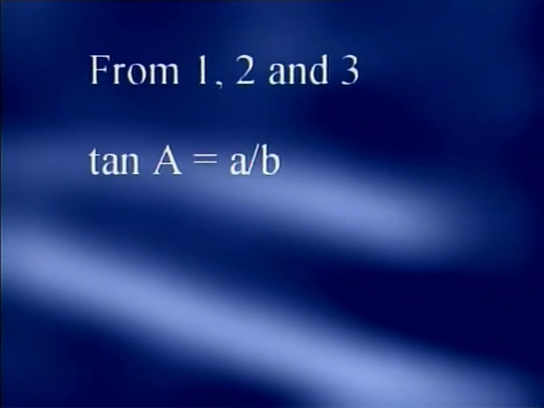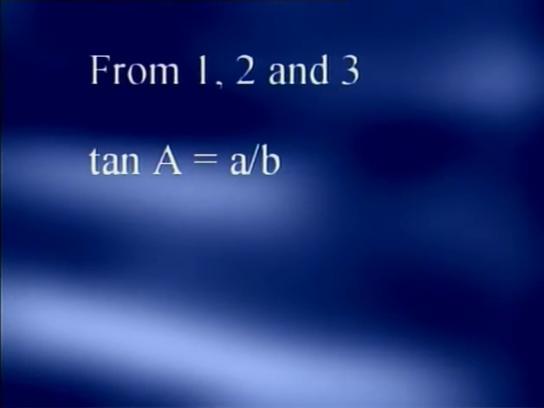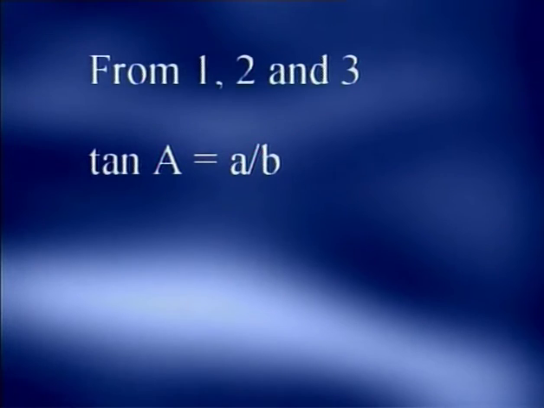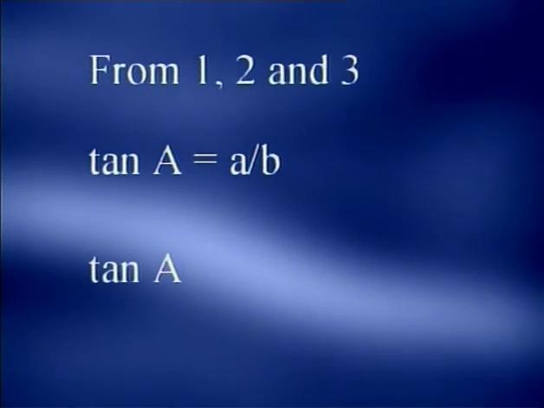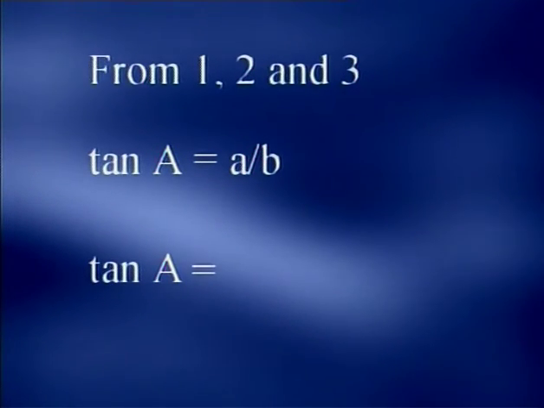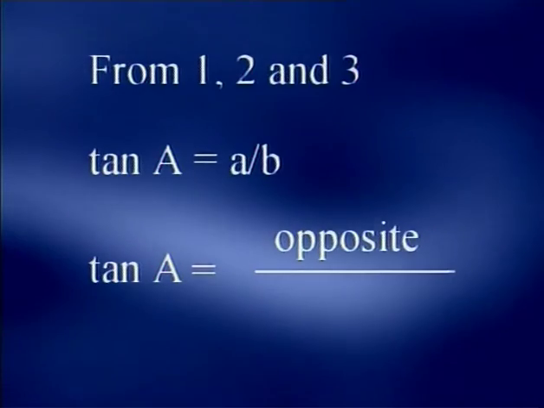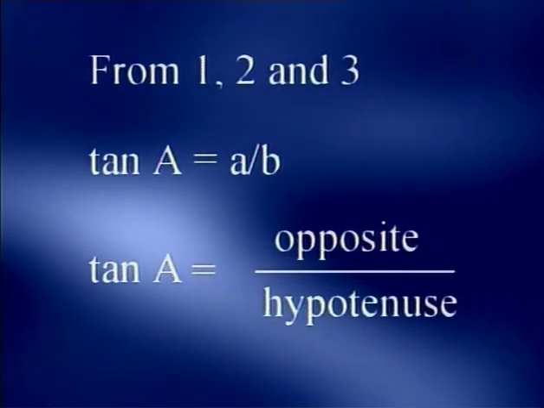If we replace these values in this identity, what do we get? We get tan A is equal to a upon b. That means we can say that the tangent of an angle is the opposite side divided by the adjacent side.